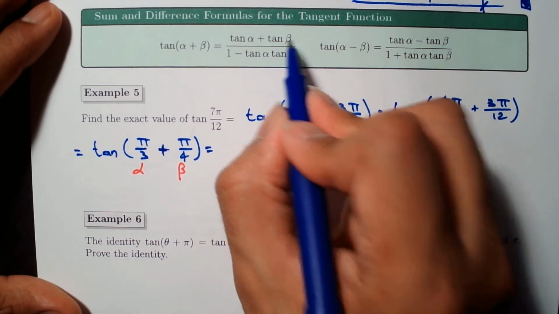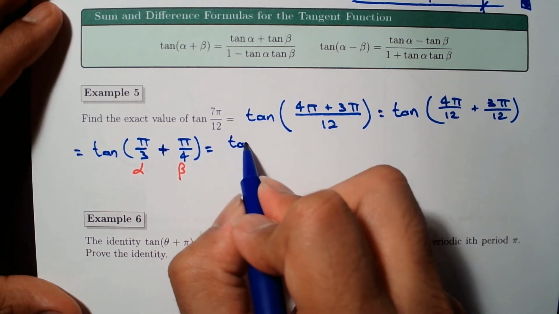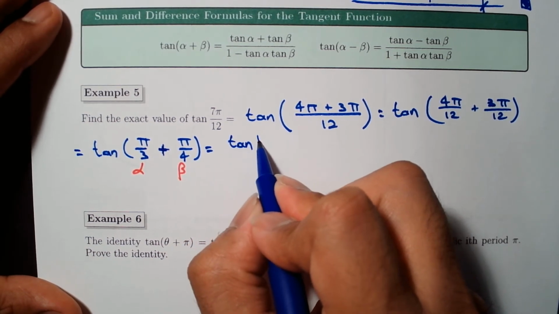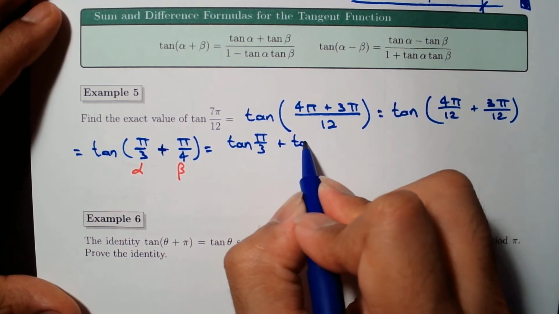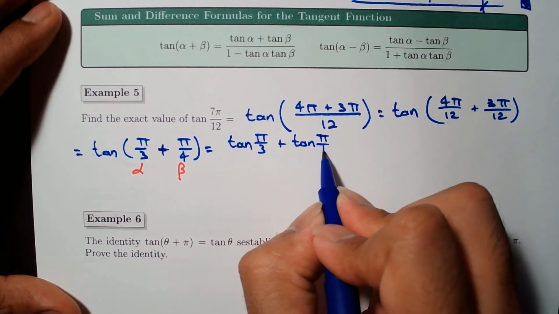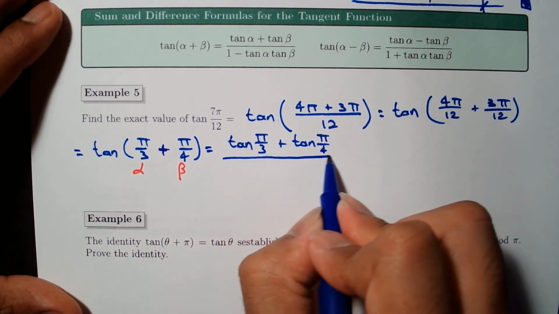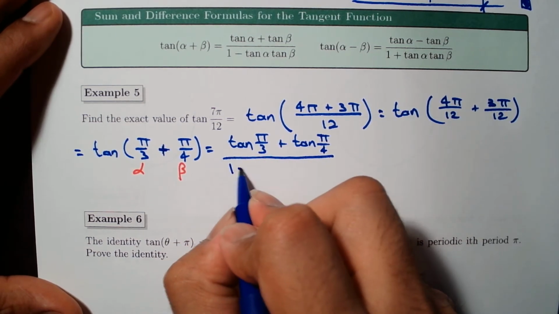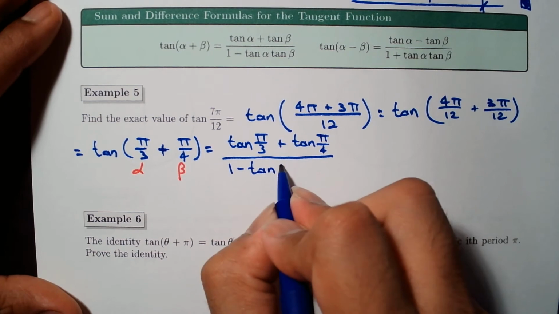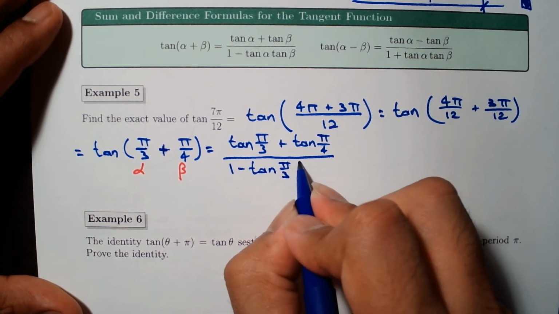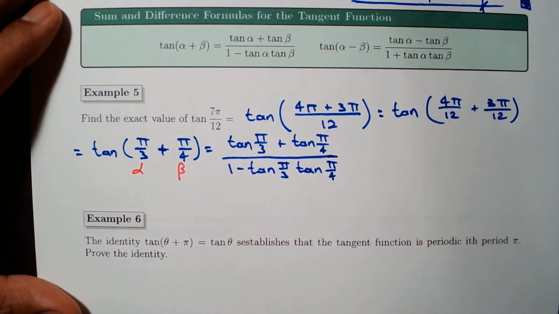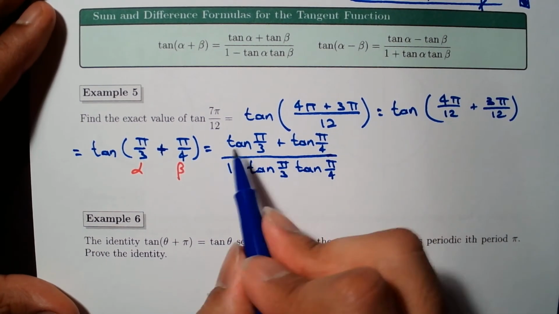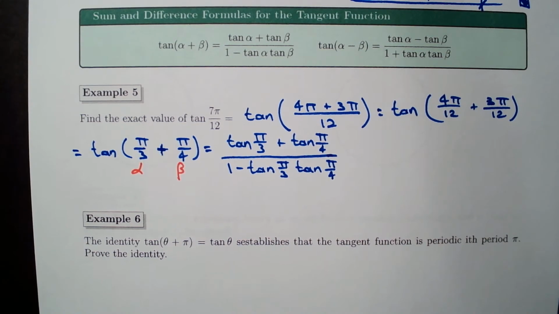So tangent alpha plus tangent beta, that is tangent of pi over 3 plus tangent of pi over 4, over 1 minus tangent pi over 3 tangent pi over 4. And all we have to do right here is simply use the unit circle and get those values.